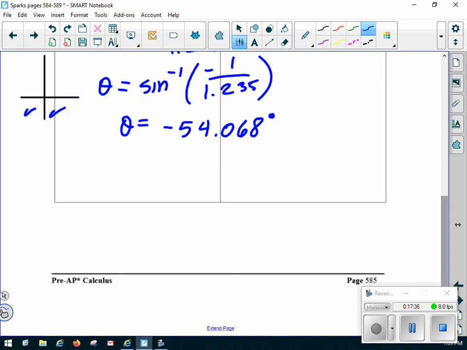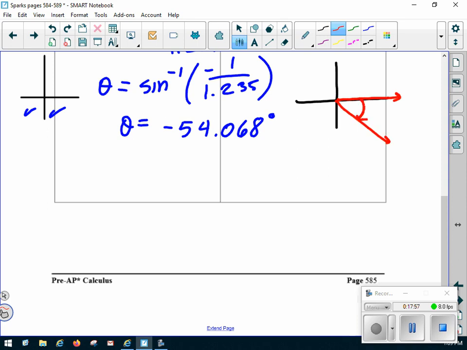So let's take a look at where that angle is. In what quadrant is that angle? Negative 54 degrees. Quadrant 4, because if you rotate clockwise 54 degrees. So I want you to think about this.